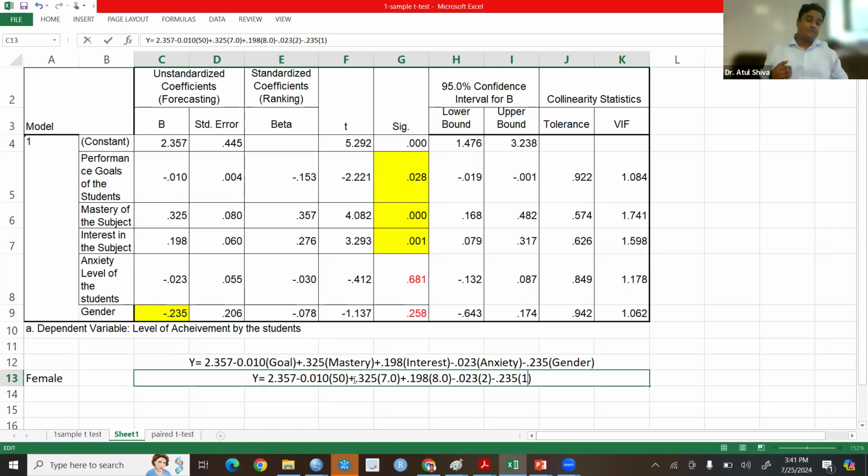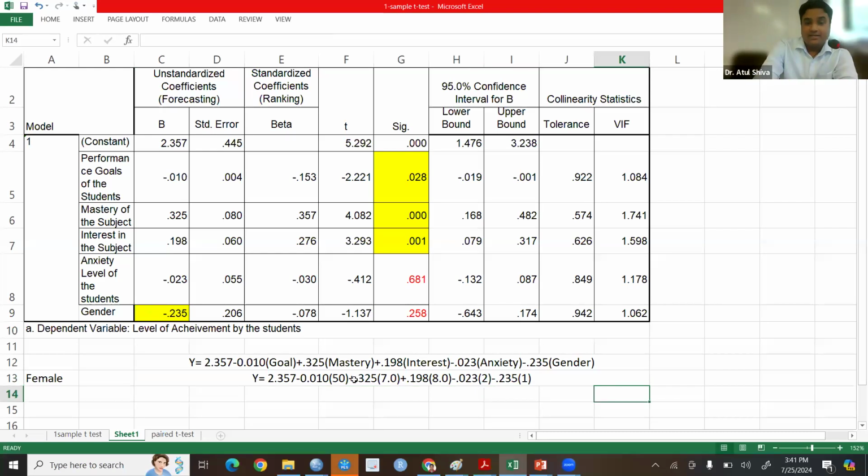Ranking. Which parameter do I have to work on first in order to improve? Greater influence. So that means this is what she will get.